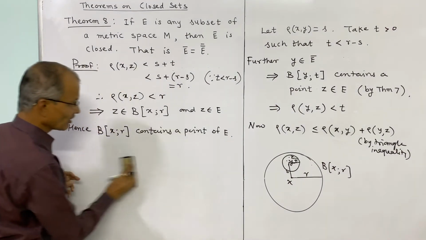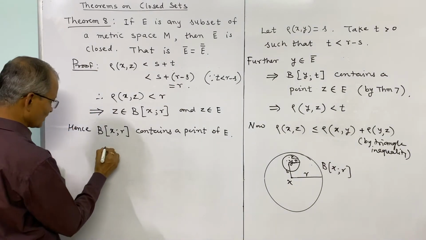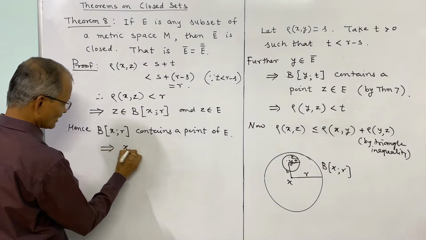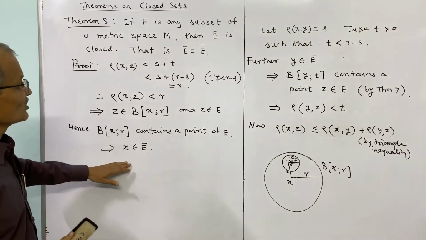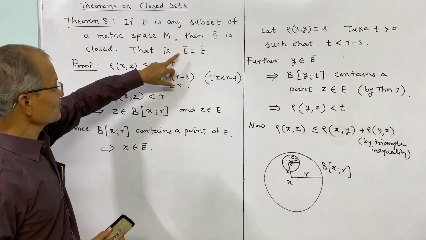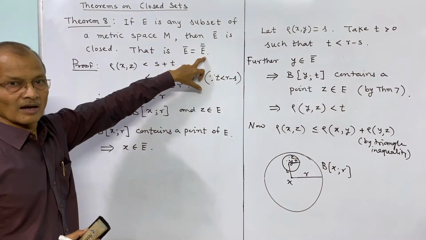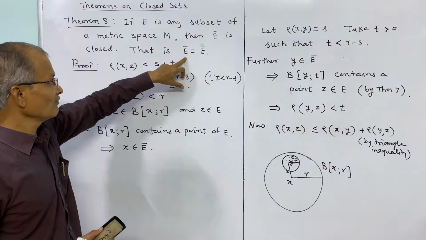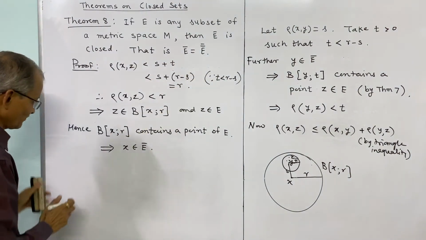This contains a point of E means x is a limit point of E. That is, this implies x belongs to E1, and hence x belongs to E. We started with x belongs to E double bar, and then we have proved x belongs to E bar. Then this is a subset of this one.